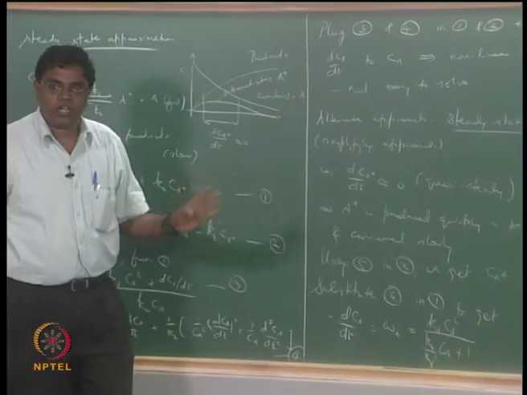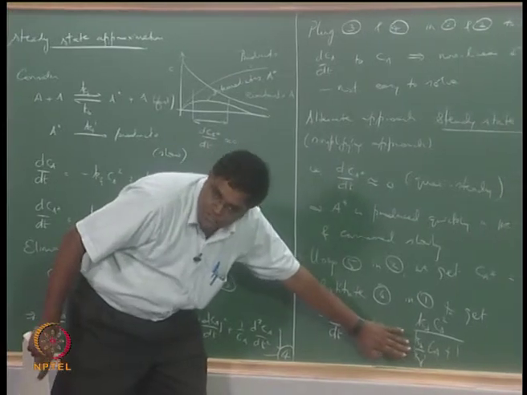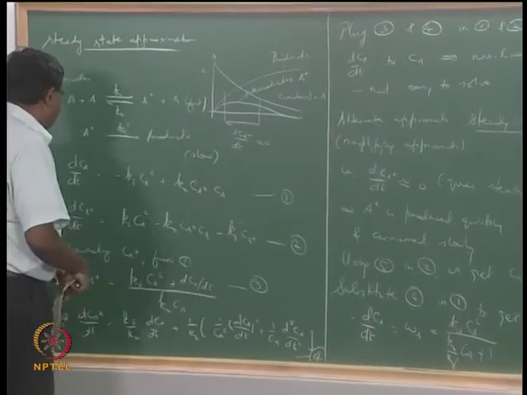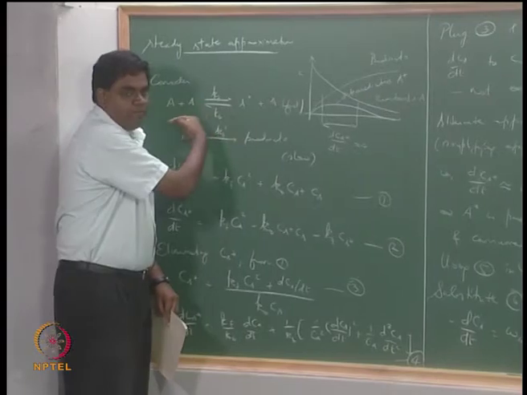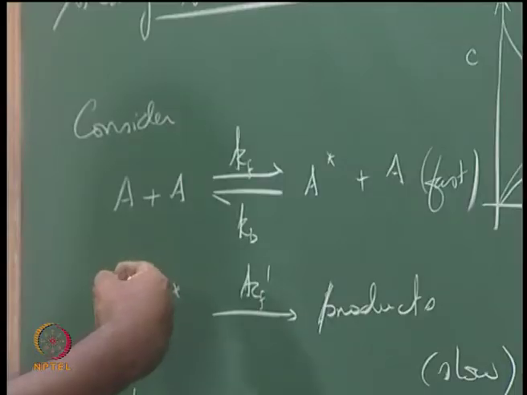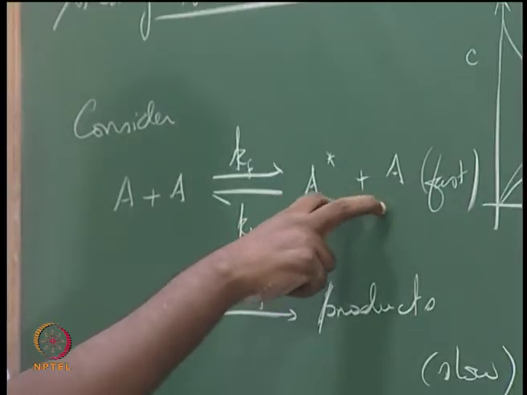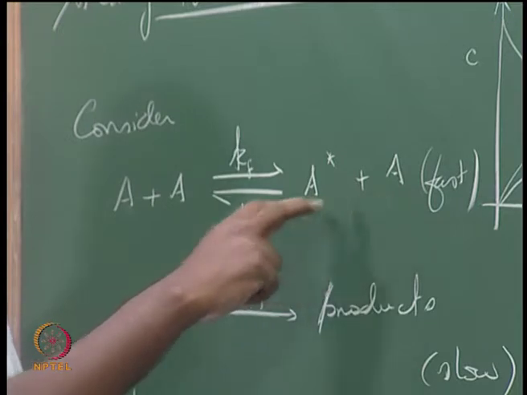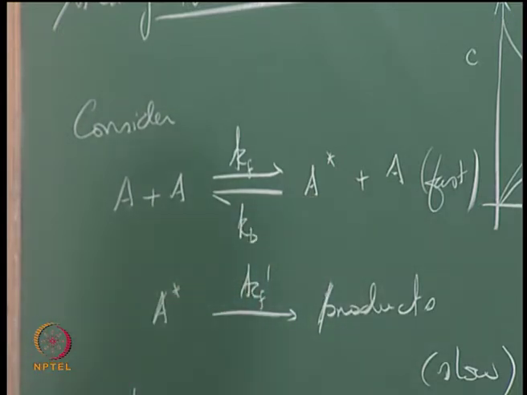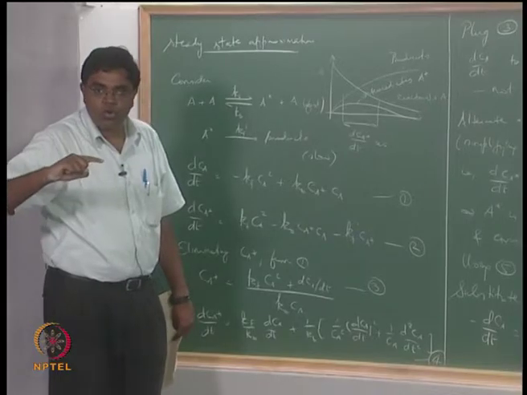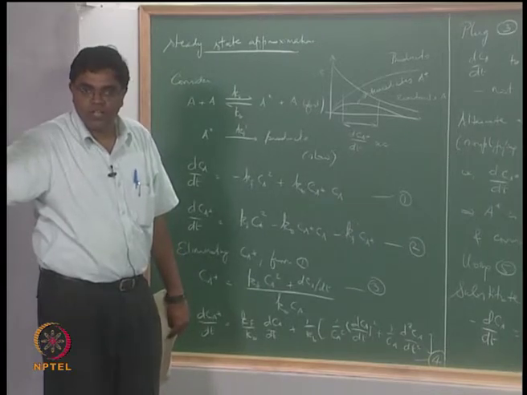You have to understand that the backward reaction that is consuming A star is a bimolecular reaction, which is going to go as P squared, whereas this third reaction that is consuming A star is a unimolecular reaction, which is going to go as P as for its reaction rate.